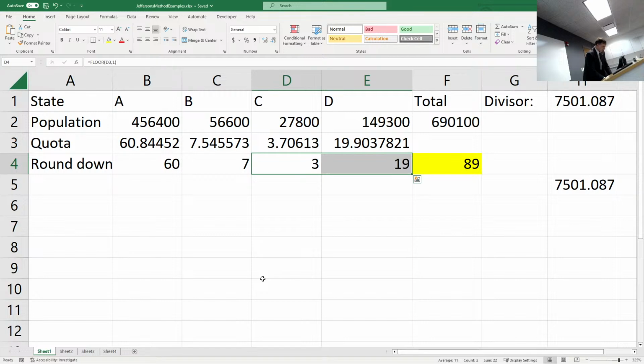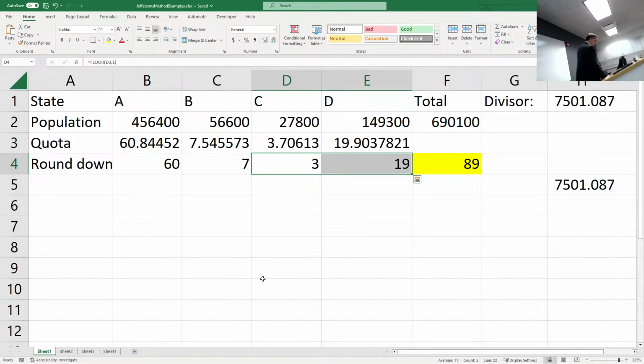Okay, that's better. So I've got the different states, and I've got their quotas. So there's the standard divisor. The standard divisor is the total population divided by 92 that I just copied up there. And then I've got their standard quotas, and I've rounded them all down.